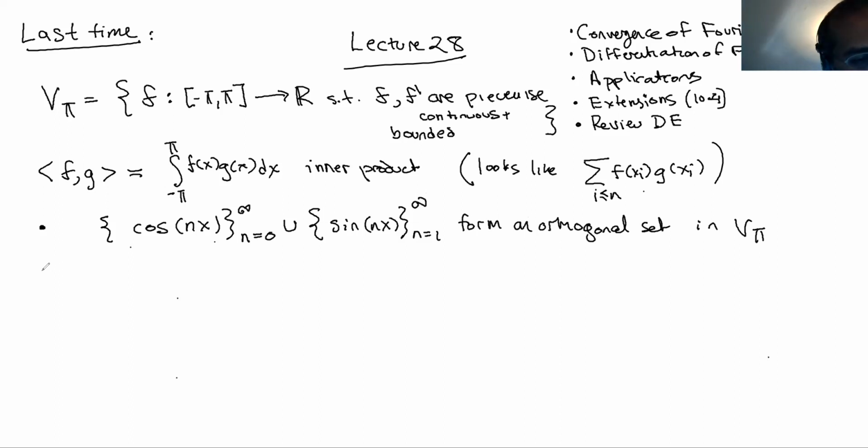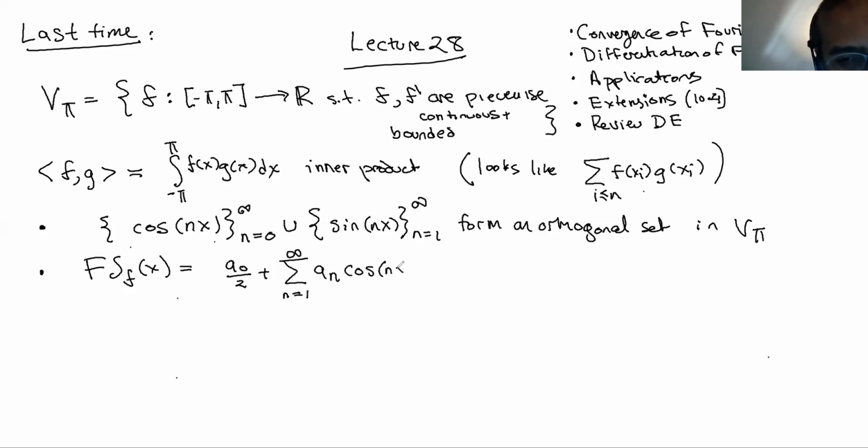And then we defined this thing called the Fourier series, which was inspired by, what would the formula for expanding some other function in V pi in this orthonormal basis be? We defined the Fourier series of a function f to be the following series, where these coefficients were defined using some integrals, which were actually just inner products.